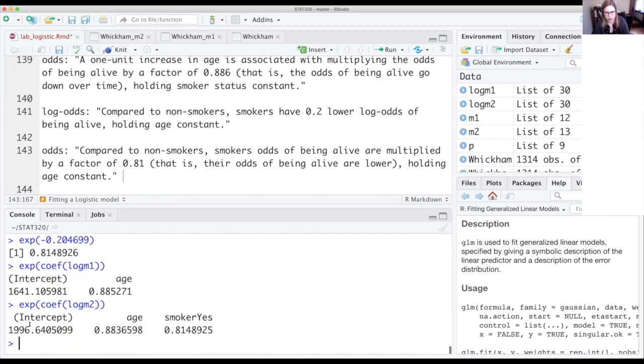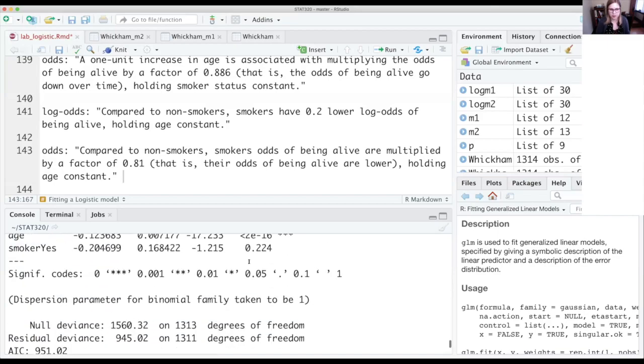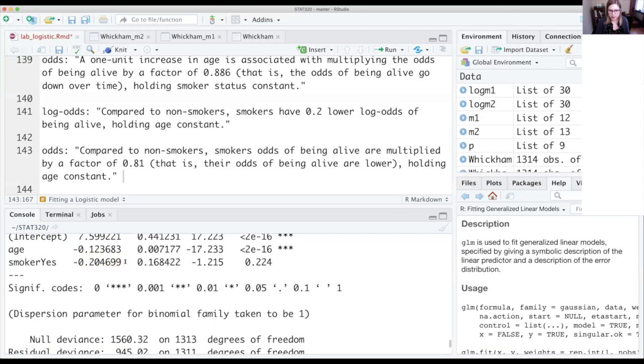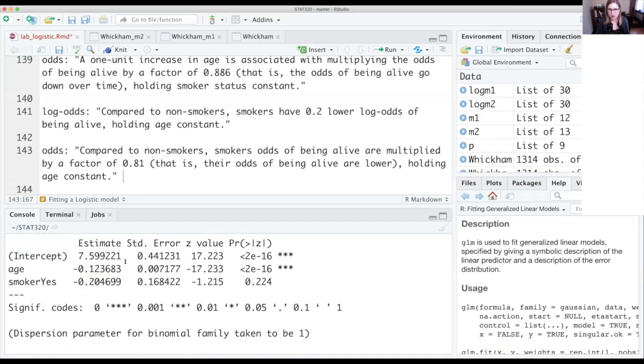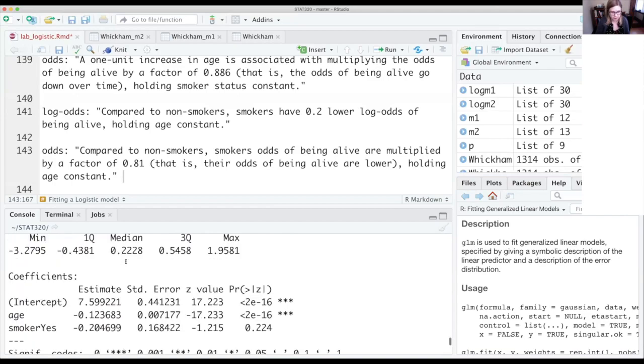But this is handy when you have 2 or 3 or a bunch of variables, then you don't have to copy, paste, and exponentiate them all separately. And now I've forgotten the numbers of those 2 questions, but one of them wants you to do a confidence interval for the coefficient, so basically in the log odds space, and the other one wants you to do a confidence interval for the odds ratio, so in the odds space.